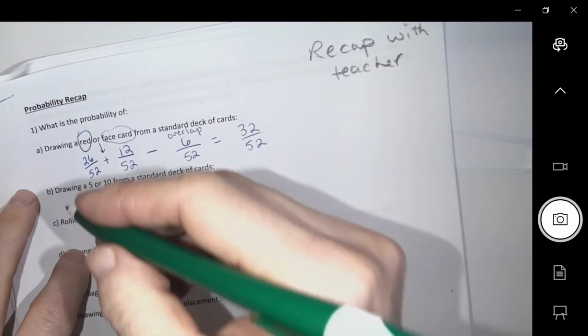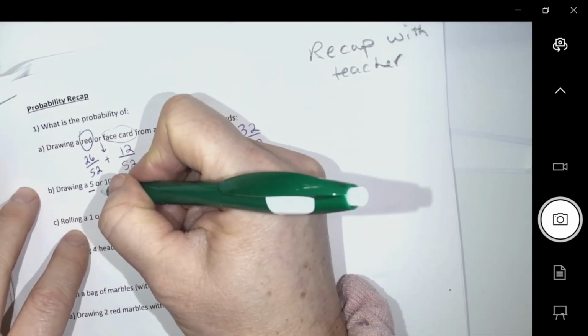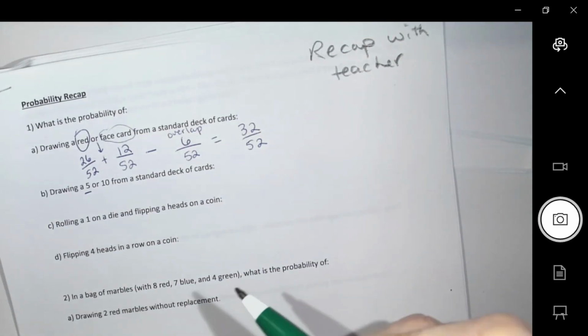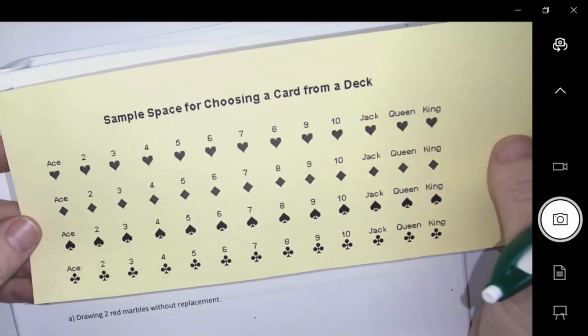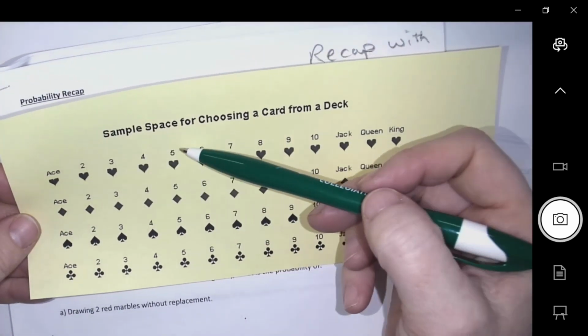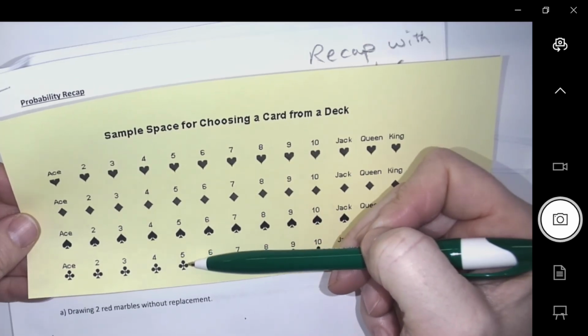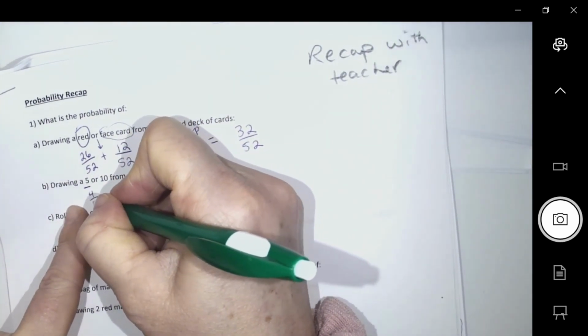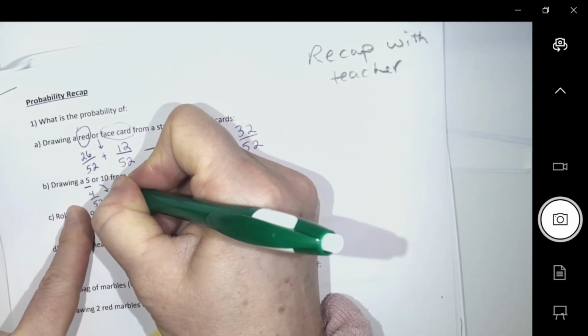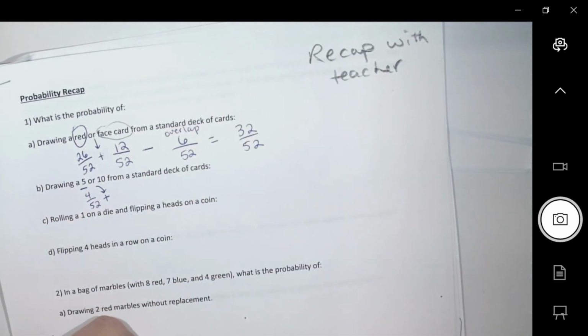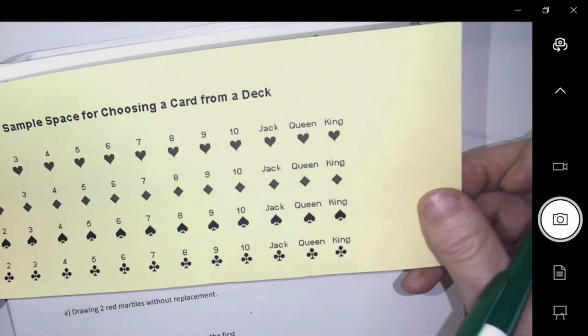Okay, drawing a 5 from a deck of cards. So how many 5s are in the deck? There's 4 of them. So 4 out of 52. Or, I'm going to add, or getting a 10.